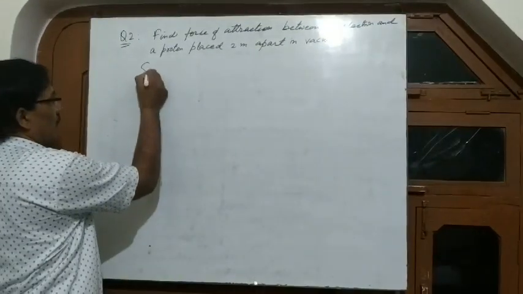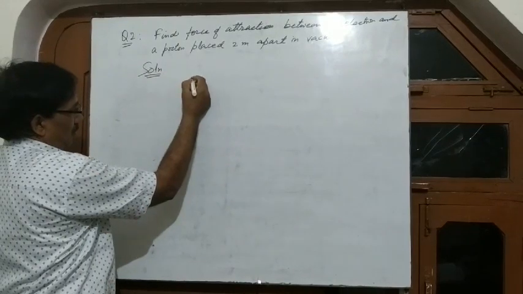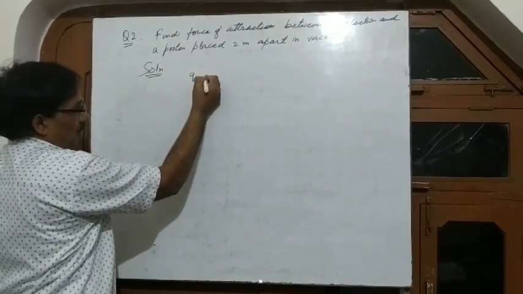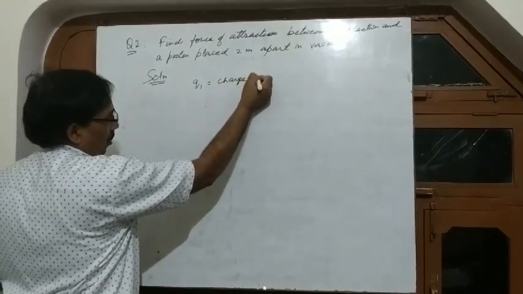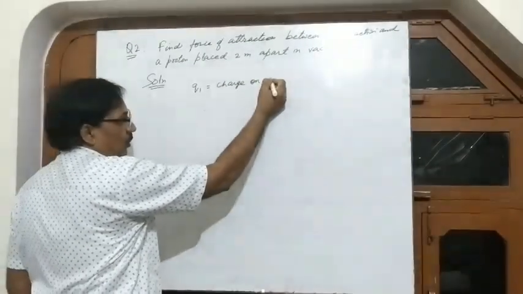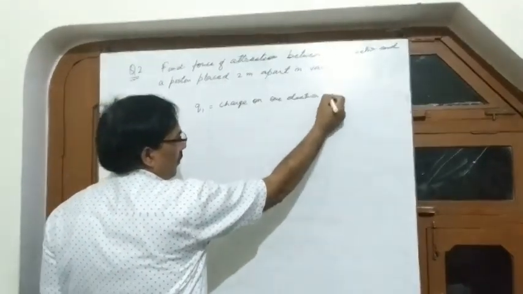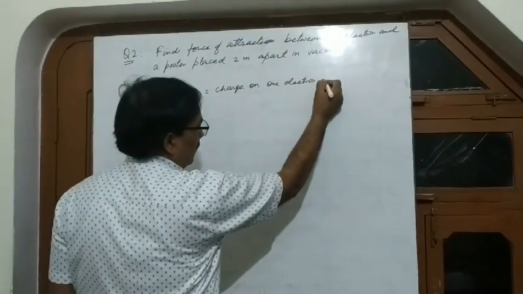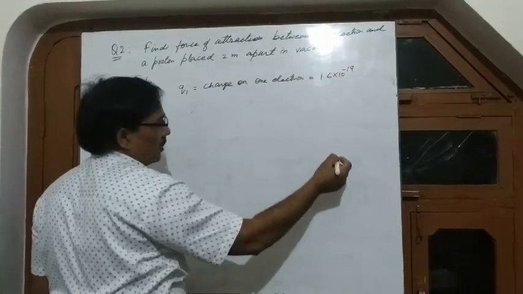Here Q1 is equal to the charge on one electron, that is equal to 1.6 into 10 power minus 19 coulomb.